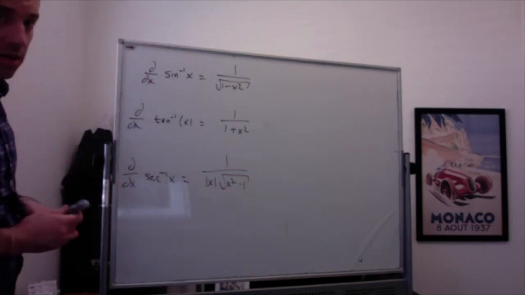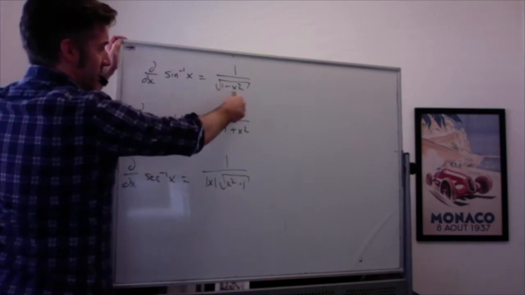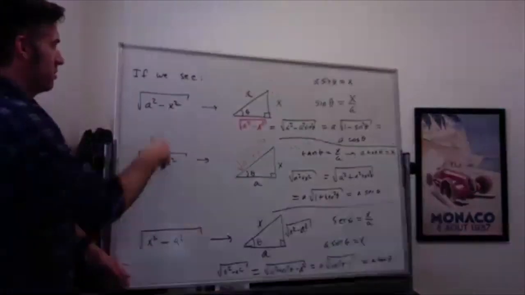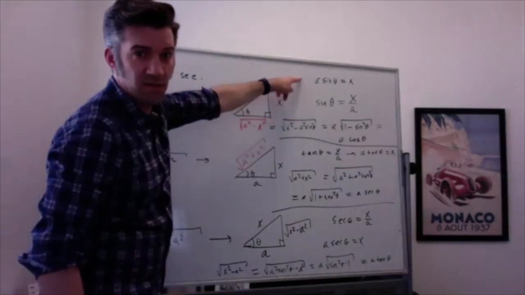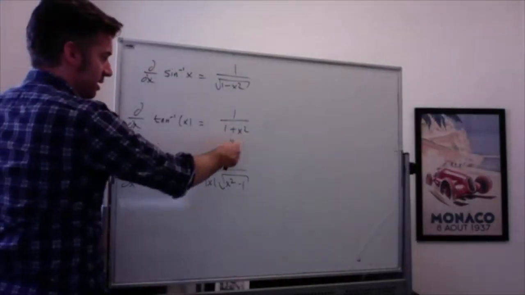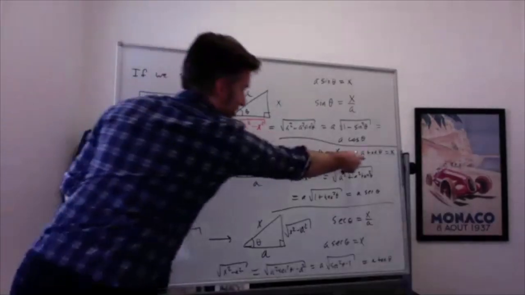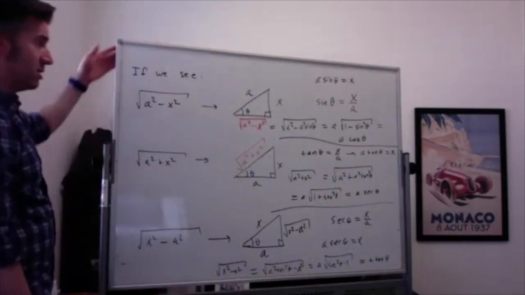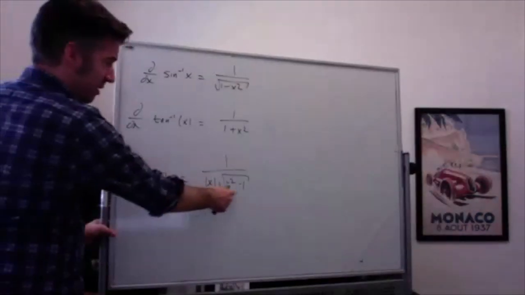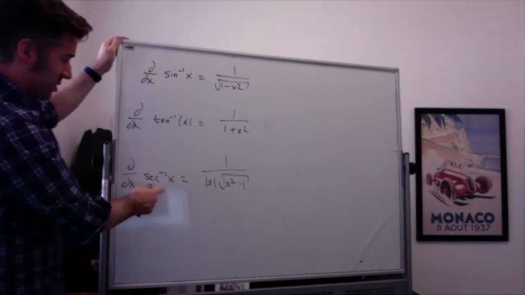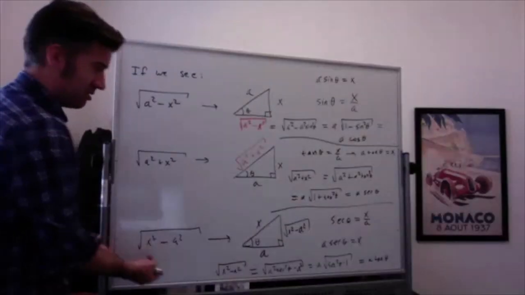Look, when you see something minus x squared, you choose sine for x. When you see something plus x squared, you choose tangent for x. And when you see x squared minus something, you pick secant for x.